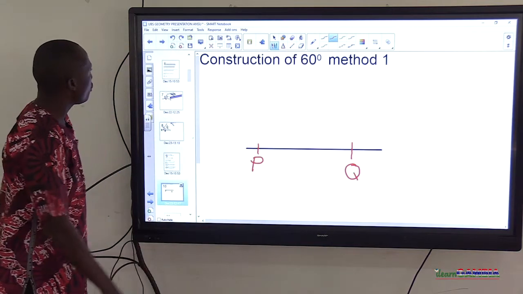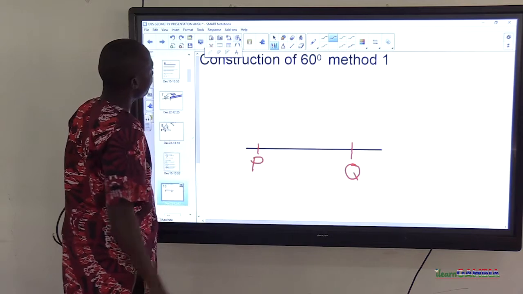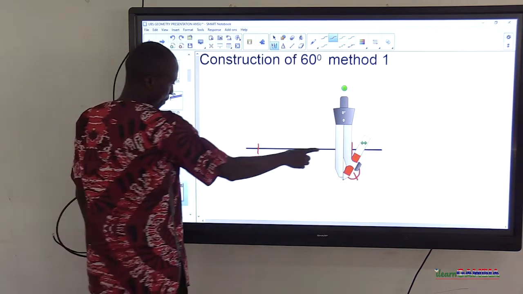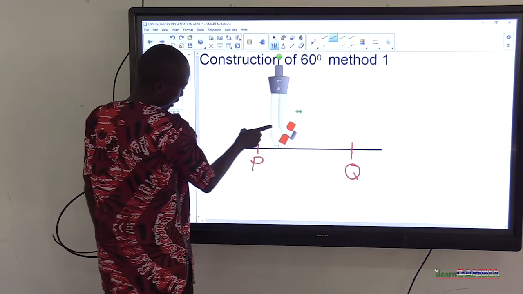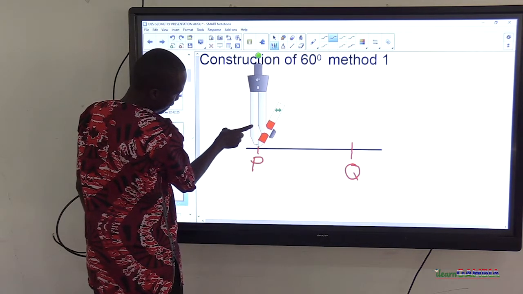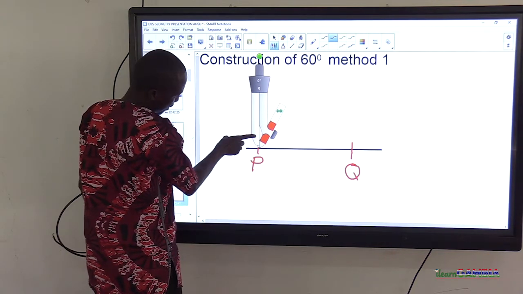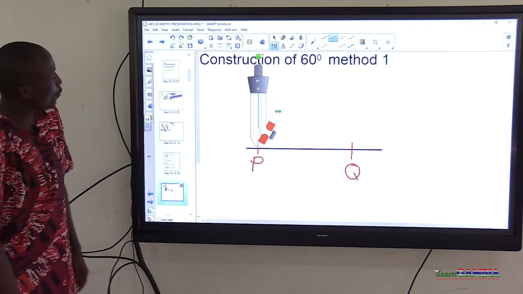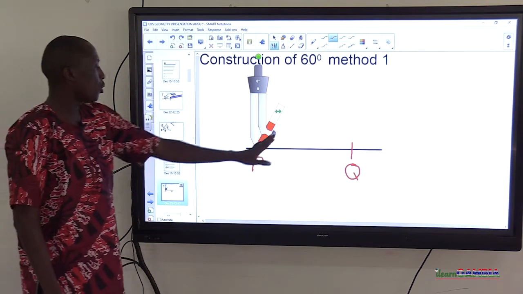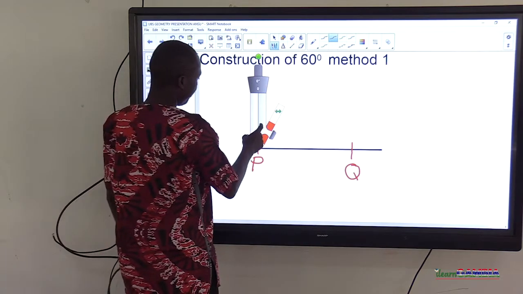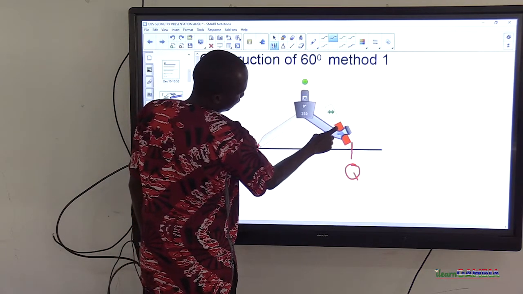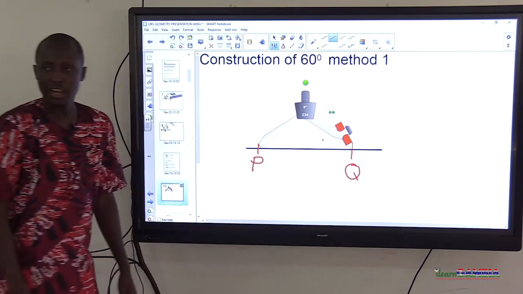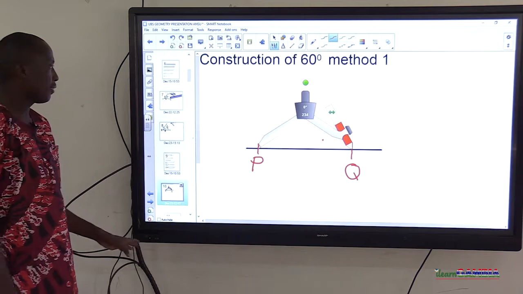So, looking at it, we take the compass point. We place it at where? At P. I put my compass at P. Good. It is at P. We open the compass to Q. I have opened my compass to Q. I'm going to draw an arc.